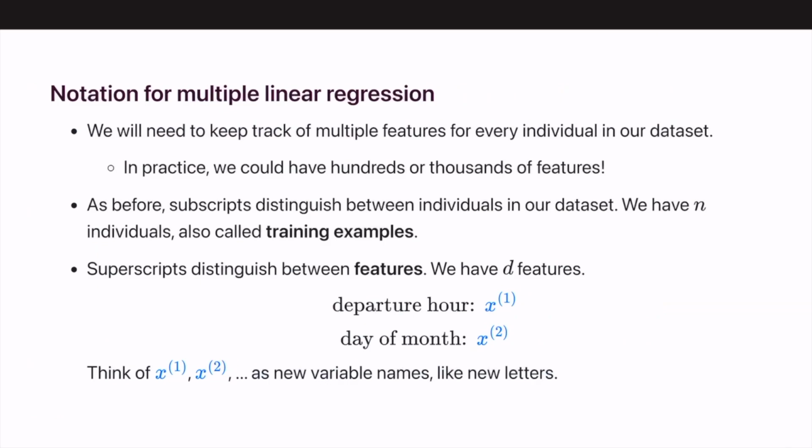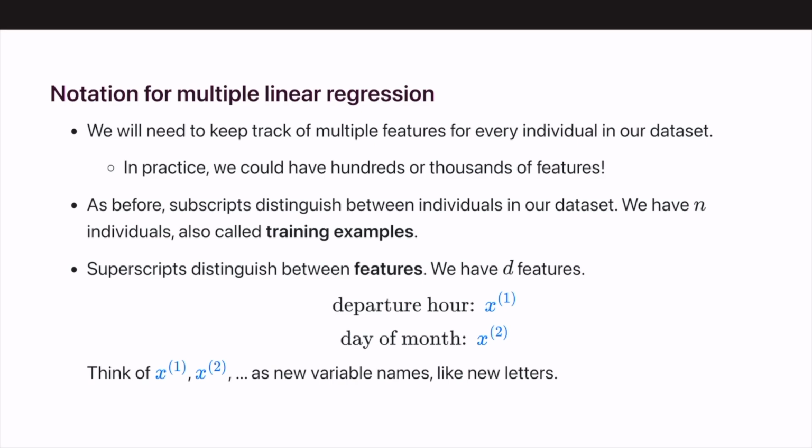They're the pattern that we're going to learn from. To do that, we need a way of talking about a number of features and the feature's location within the training example.